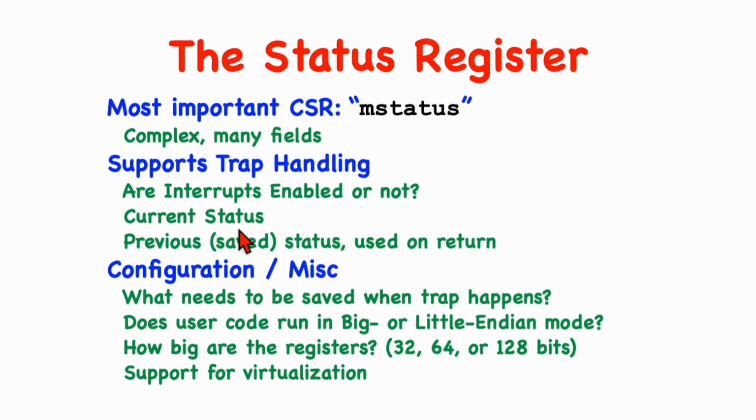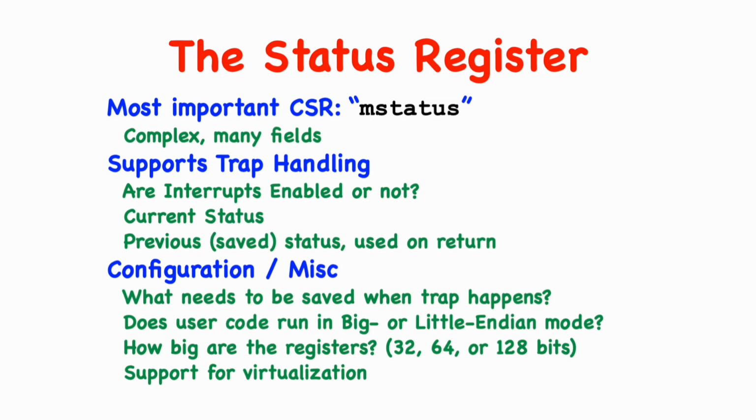In addition to the current status, we've also got the previous status, that is, the status that was saved at the time of a trap, and this will be needed when we return from a trap handler to the interrupted code. As far as configuration goes, we need to know what state needs to be saved when a trap occurs.